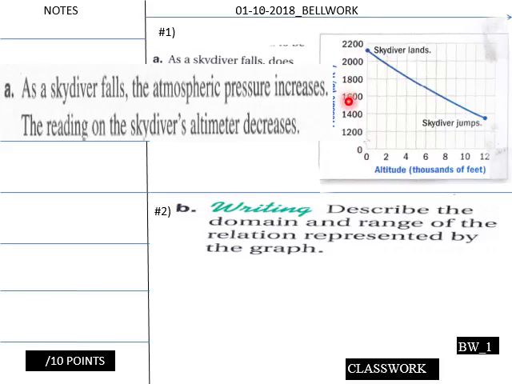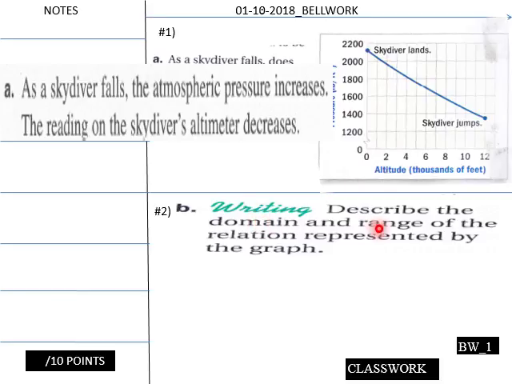Then this is atmospheric pressure here. As the skydiver jumps, the jump has a lower atmospheric pressure and a higher altitude. So this is kind of a reverse, really, of what would happen sequentially. It's kind of confusing, actually.